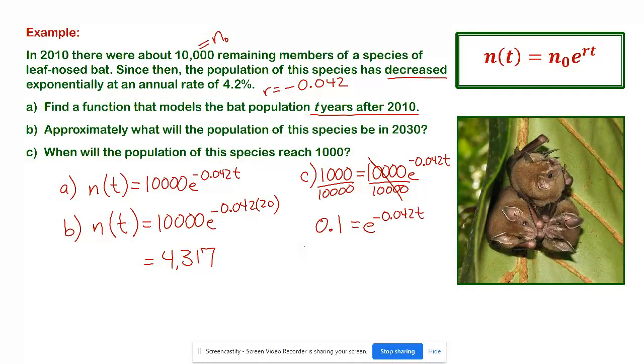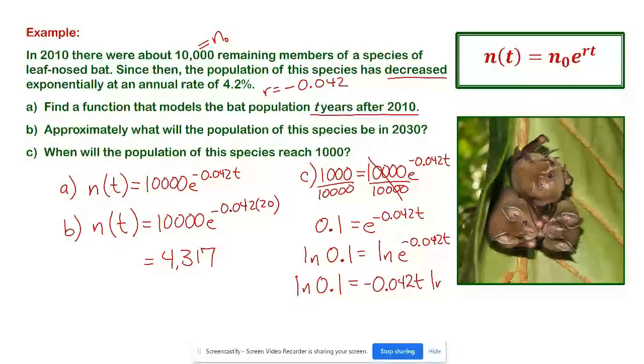Now we're going to take the natural log of both sides. So natural log of 0.1 equals natural log of e to this exponent. We are going to move the exponent out front. Again, this is the key step that makes this all happen. We take that negative 0.042t and put it in front of the natural log because we're allowed to do that with exponents in logarithms.